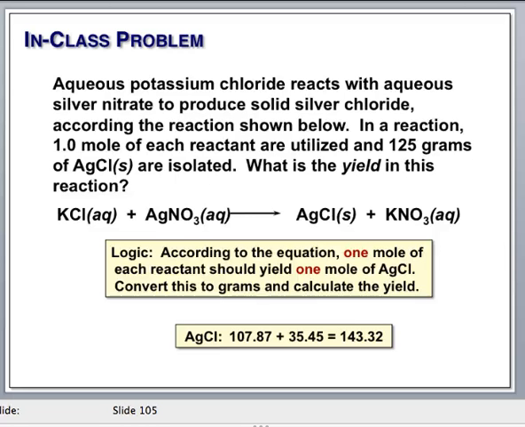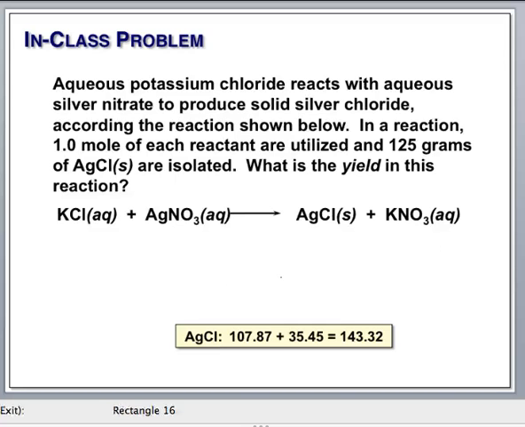If we expect 1 mole of product, that 1 mole of product should weigh 143.32 grams. In fact, we get 125 grams.